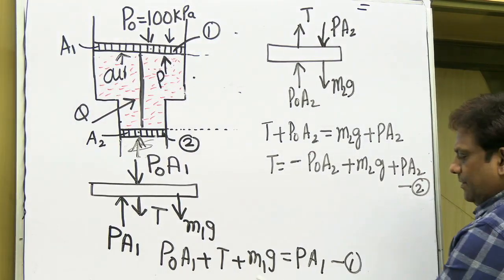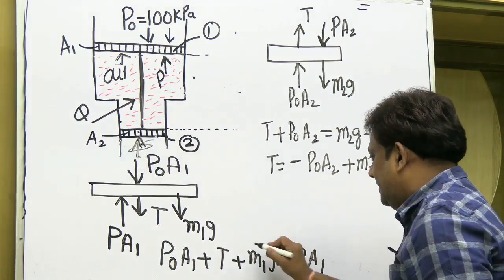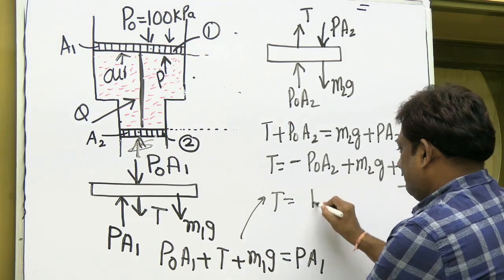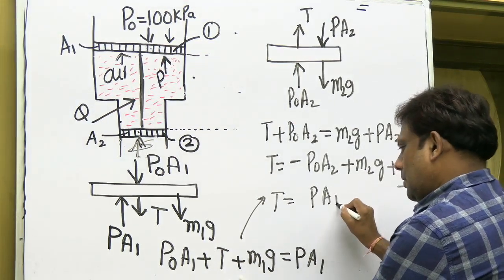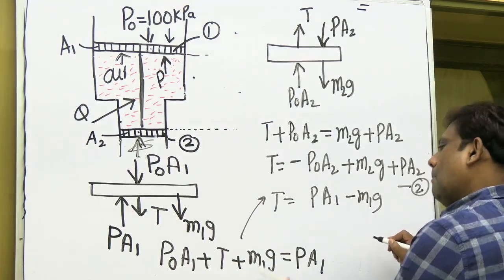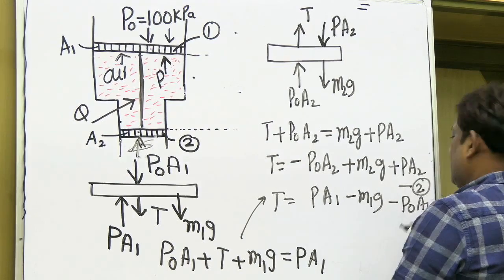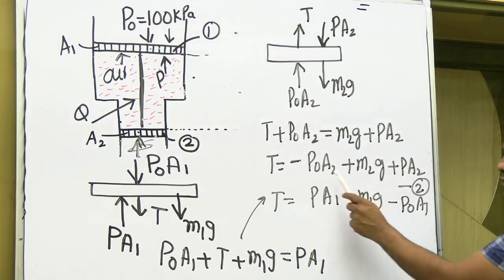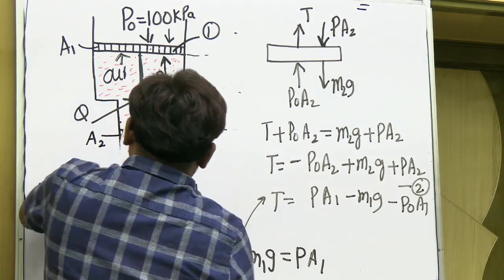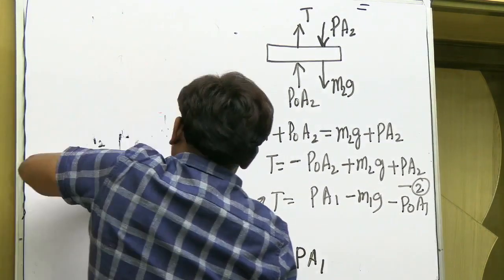From this I can calculate T. Now tell me what is T from equation 1. If you want T, it will be PA1 minus M1G minus P0 A1. You know these two are giving me values of T, so let me equate both. If I equate both, we will get some relationship.